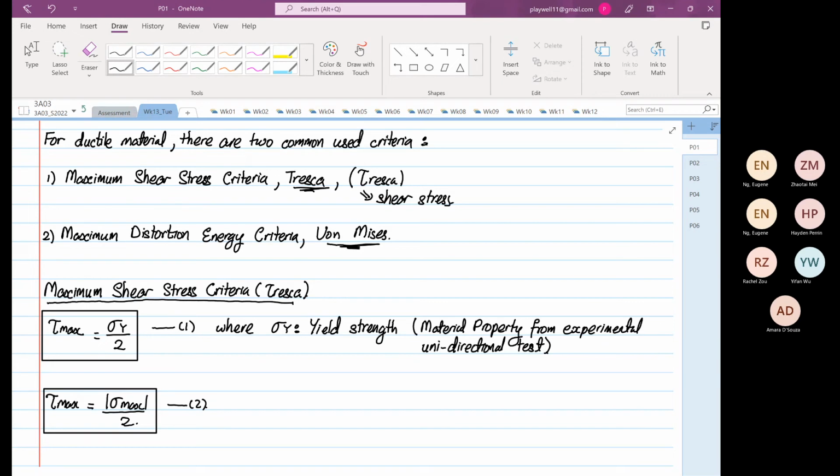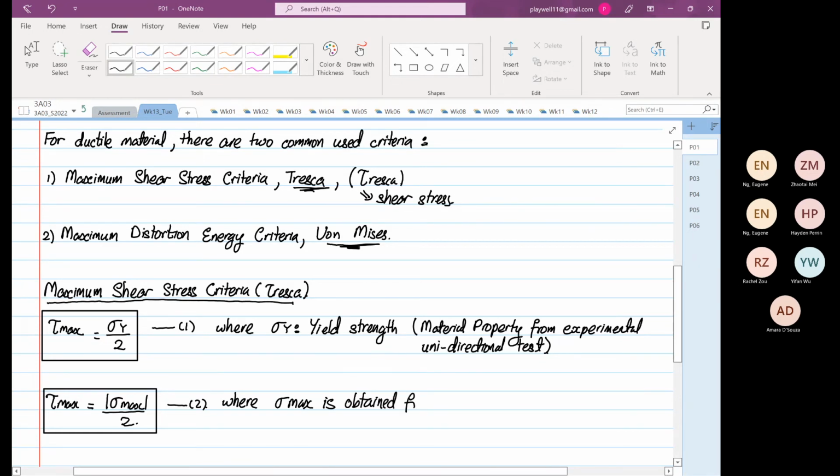Equation 2 is through structure analysis, where sigma max is obtained from structure analysis, or it can also be calculated.